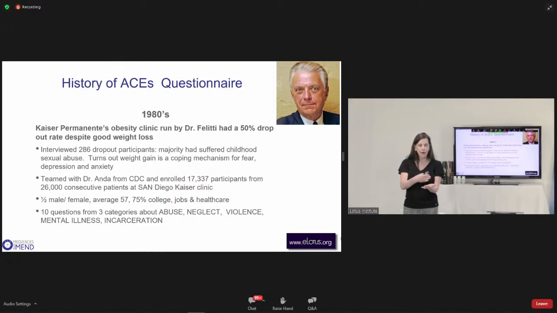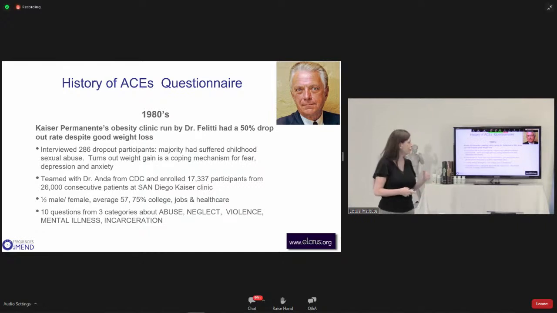So later on, he teamed up with Dr. Anda, who was at the CDC, and then they actually put together this study through Kaiser Permanente. And what they did during this study in San Diego is they enrolled nearly 18,000 people. So everybody that walked through the door that said yes, it was consecutive, they just entered these people into the study.